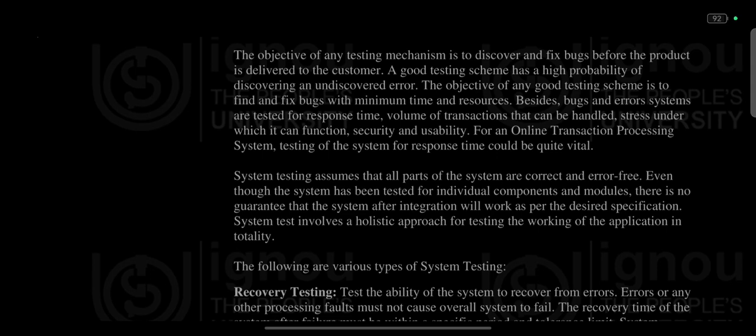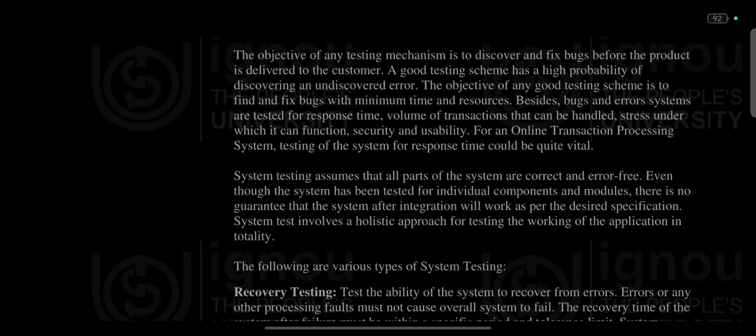A good testing scheme has a high probability of discovering an undiscovered error. The objective of any good testing scheme is to find and fix bugs with minimum time and resources.